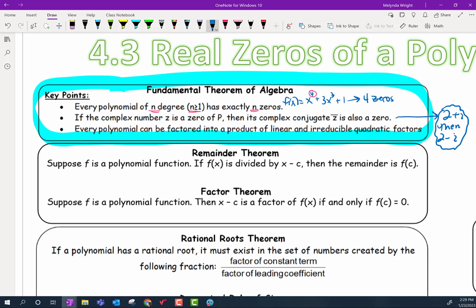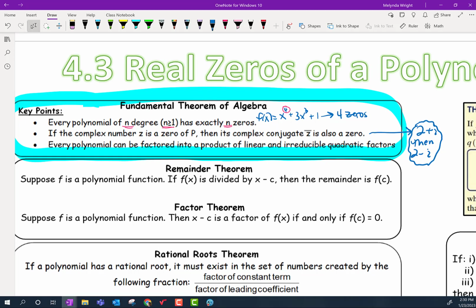All right, then the last one says every polynomial can be factored into a product of linear and irreducible quadratic factors. Now, these are vocabulary words, so let's talk about a linear factor. What in the world is a linear factor? This is an example of a linear factor. Why is that factor linear?